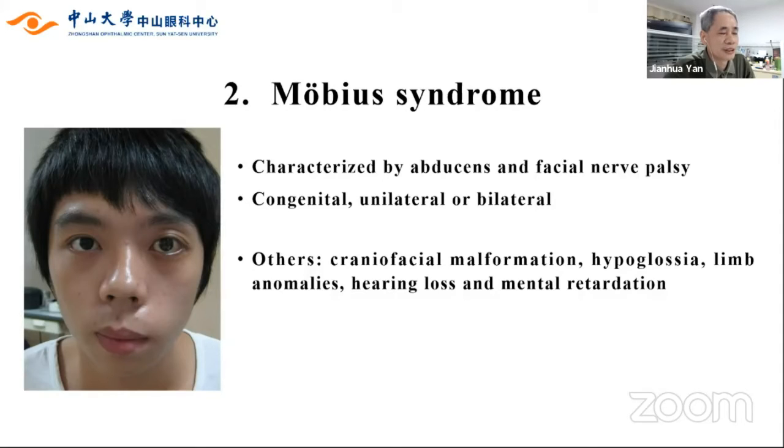This is Möbius syndrome, characterized by abduction deficit and facial nerve palsy. It may be unilateral or bilateral. Sometimes there are other abnormalities such as craniofacial malformation, hypoglossia, limb anomalies, hearing loss, and mental retardation.